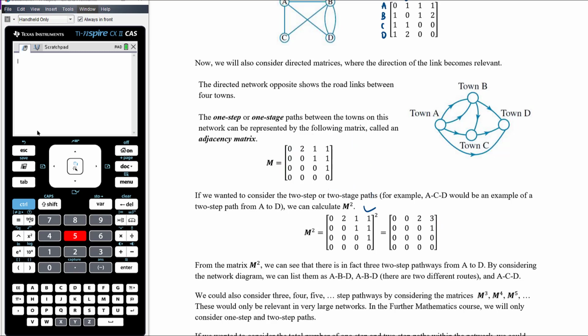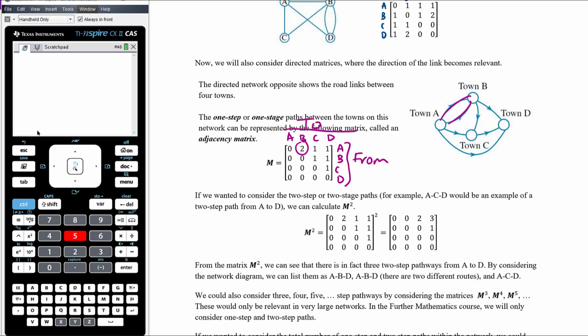Now again, the original matrix here is defined for us, because we have the diagram, and it defines which way the matrix is working. For example, the 2 here is helpful because that's telling me how I get from A to B. So if this is A, B, C, D, and I'll write them on the right hand side just so there's room, A, B, C, D, the numbers here are saying if I go from the row to the column.